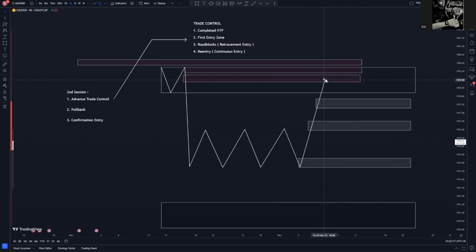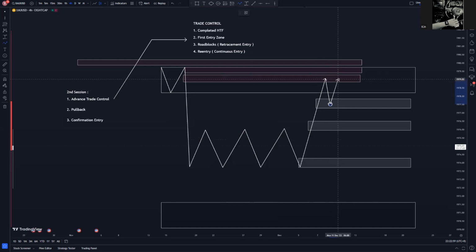But the second one, the price goes down and gets stuck at the roadblock. When the price gets into the roadblock, there will be a confirmation entry. If there is a confirmation entry inside of the roadblock, the price is going to go up to our sell zone again.